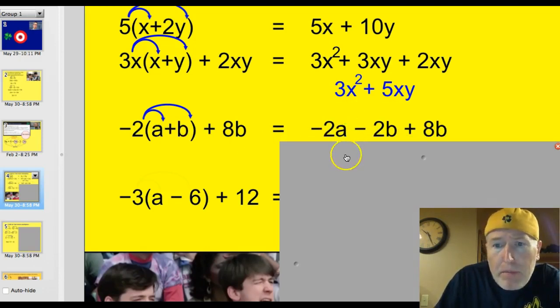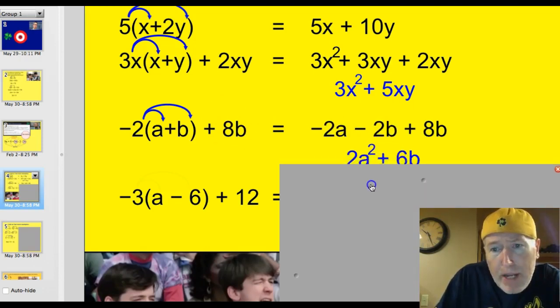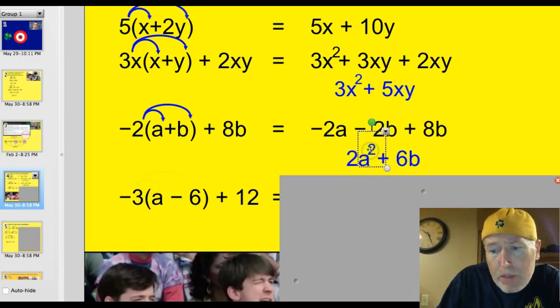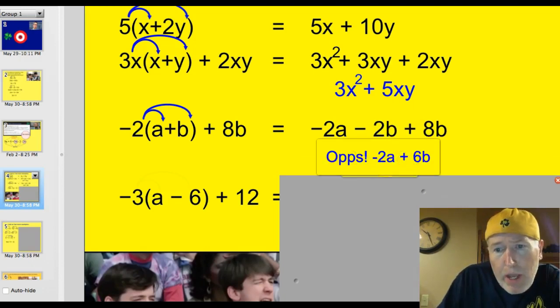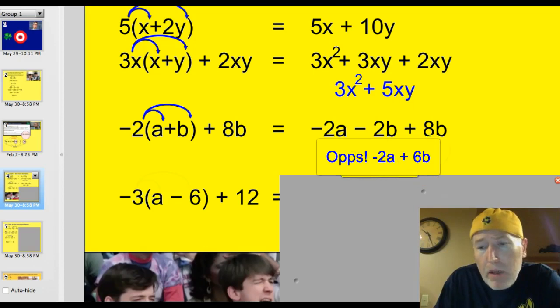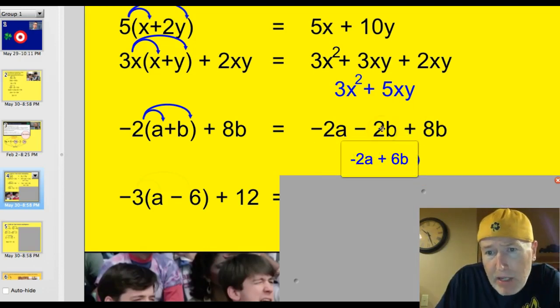Sorry about that. So what I've got now is a minus 2a, a minus 2b, and I still have this dangling term here, this 8b. Well, these are like terms. I can combine those. So now I've got minus 2a plus 6b, because I have a positive 8 and a minus 2. So that leaves me 6 positives, 6b.